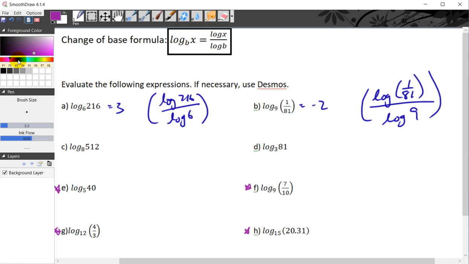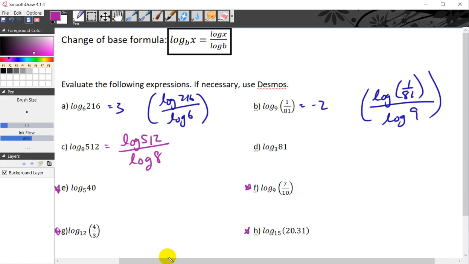But let's do a little more practice with the general ones here. The examples I showed you earlier were the answers to letter A and letter B. Let's look at letter C. This is the same thing as log 512 divided by log of 8.